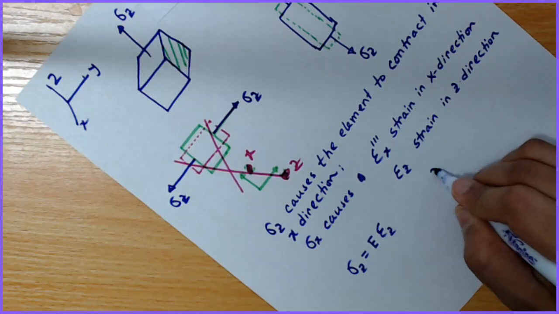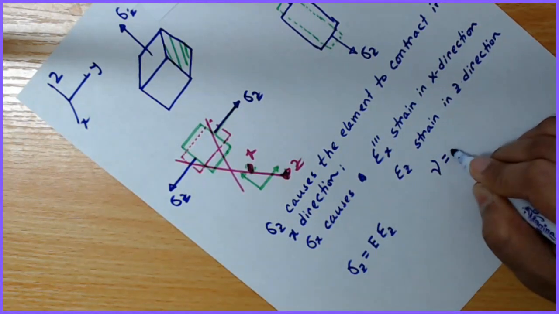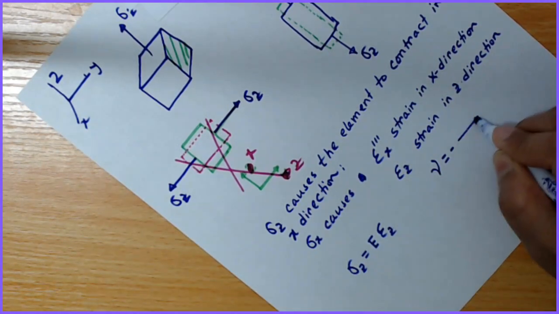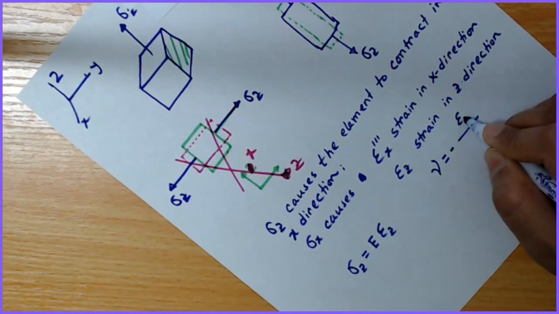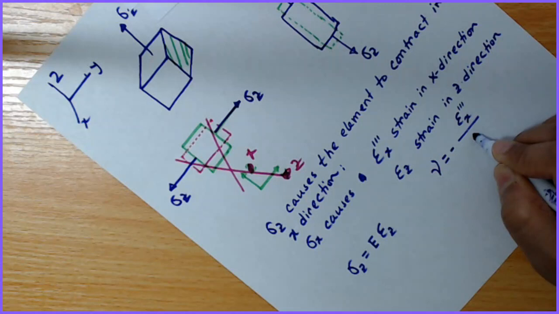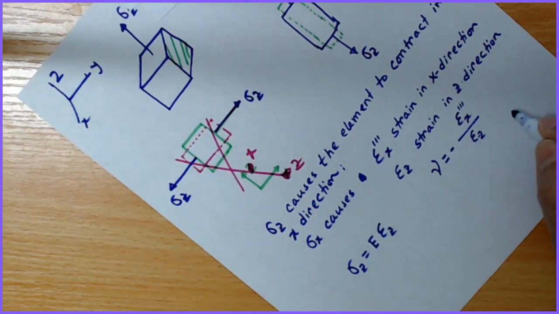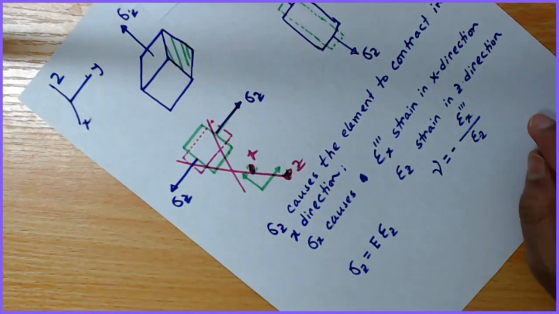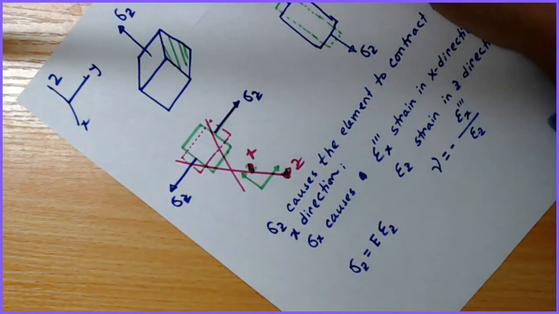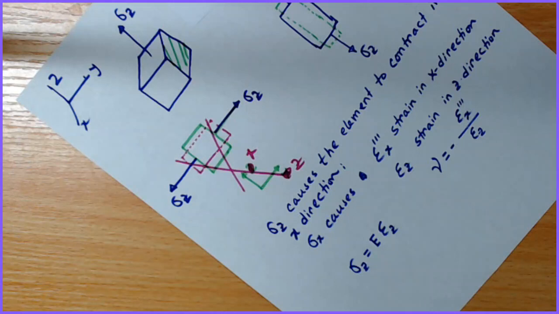Again, according to Poisson's ratio, nu is equal to minus lateral strain divided by longitudinal strain.